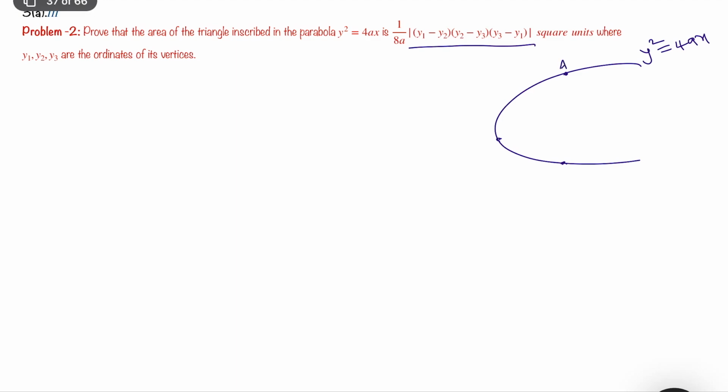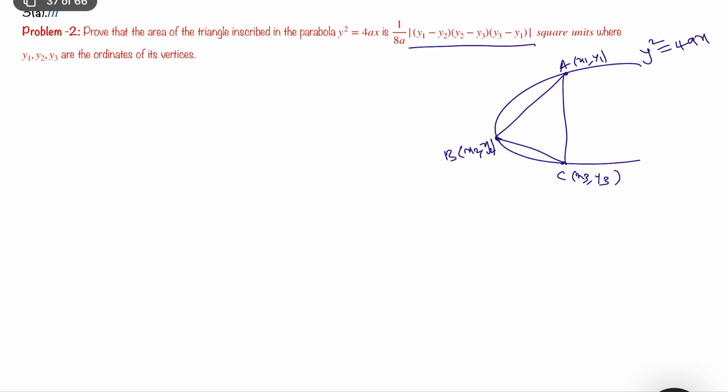Let me say this point is A, whose coordinates are x1, y1. This is B, whose coordinates are x2, y2. This is C, whose coordinates are x3, y3. So these 3 points will make a triangle, which will be inscribed inside the parabola.